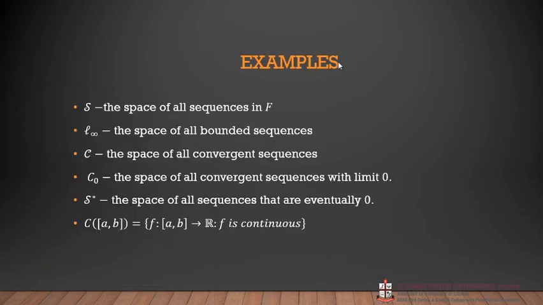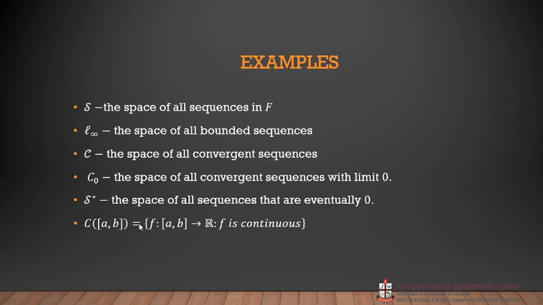Now, you have come across several examples of linear spaces, and these are some examples. I am denoting the space of all sequences in F as S, the space of all bounded sequences in F as L infinity, the space of all convergent sequences as C, the space of all convergent sequences with limit 0 as C naught, and the space of all sequences that are eventually 0, meaning after a particular stage every element of the sequence is 0, we will denote by S star.